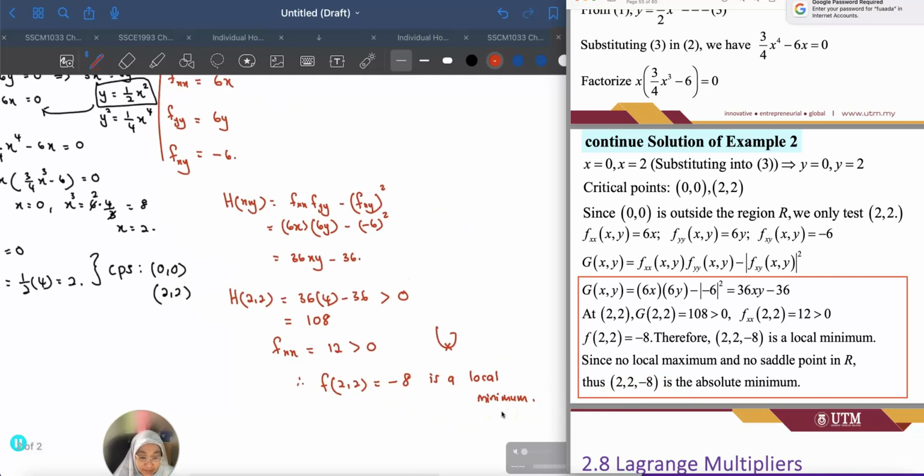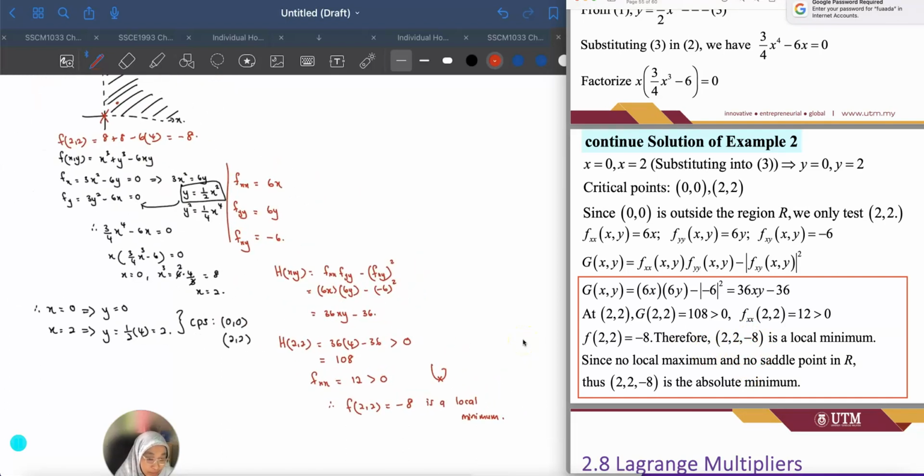But if you have any other points, more than one point, then you have to find out which is the highest. Let's say you have another point which is negative 8, and the other one is positive 8. Then negative 8 is the absolute min, and the positive 8 is the absolute max. That is for an open region.